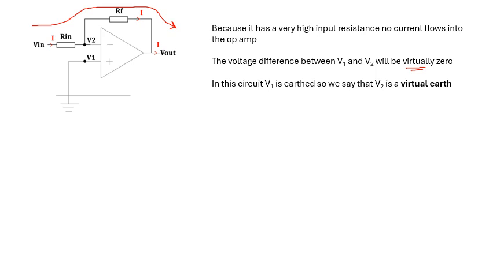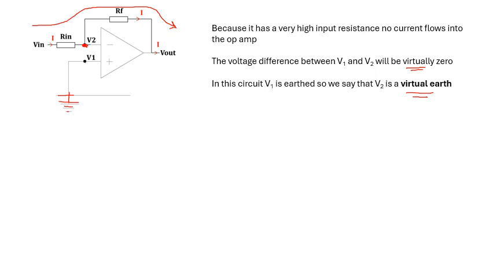So if V1 is earthed, then V2 is also earthed because of this assumption, and we say that it's a virtual earth. So at this point here, that is a virtual earth. I mean, this point here is earth because it's earthed. Yeah, that's zero potential.